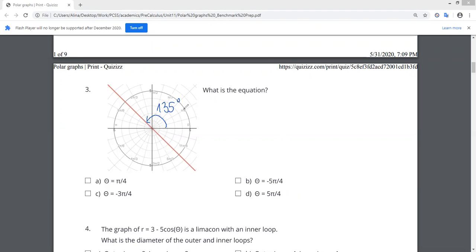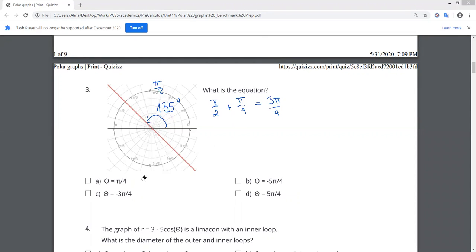If you wish, you can convert it to radians. This is pi over 2. I'm going to do pi over 2 plus half of pi over 2, plus pi over 4. Common denominator is 4. 2 pi over 4 plus pi over 4 will be 3 pi over 4. 3 pi over 4 is the answer.